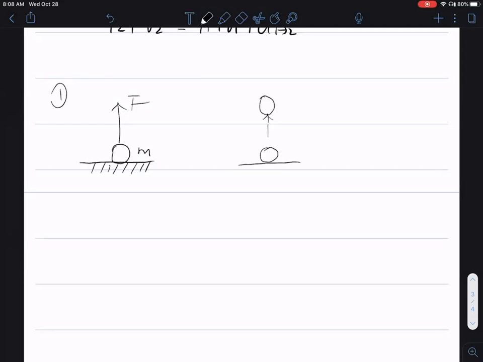Now let's say instead of a force, we give this ball an initial speed. Right now, at position 2, the ball has a new height. Let's call that h. What is the work done? Who did the work?